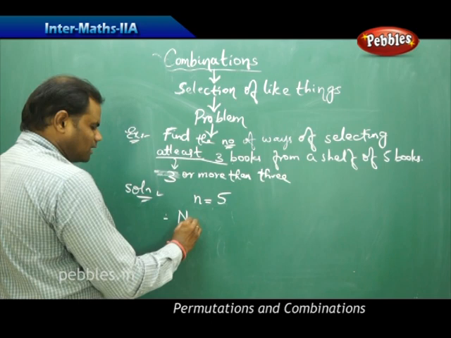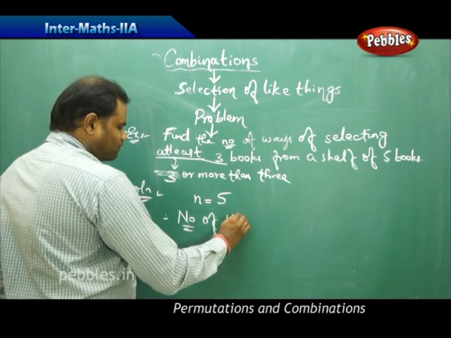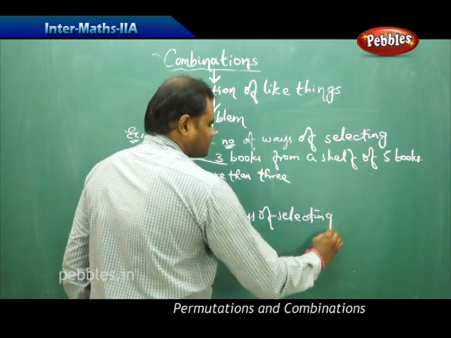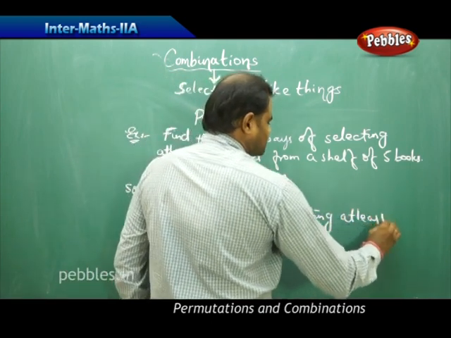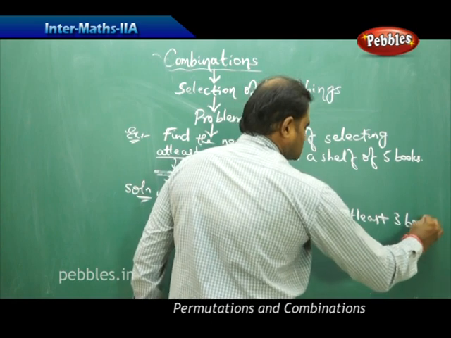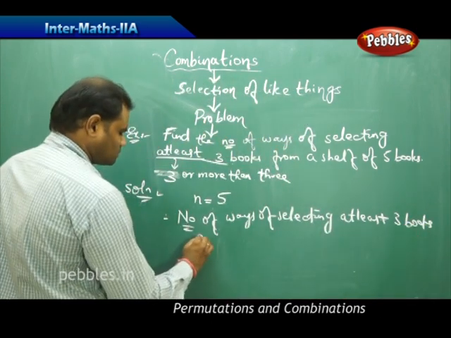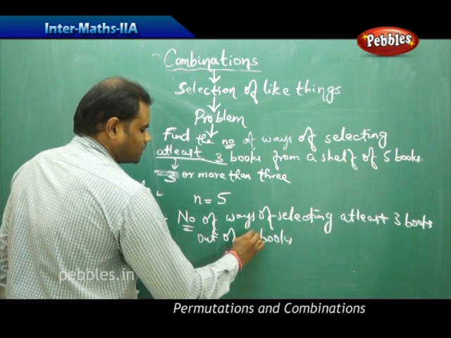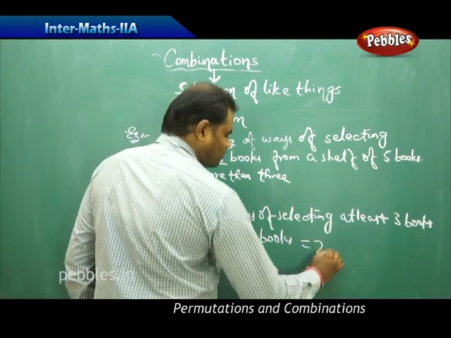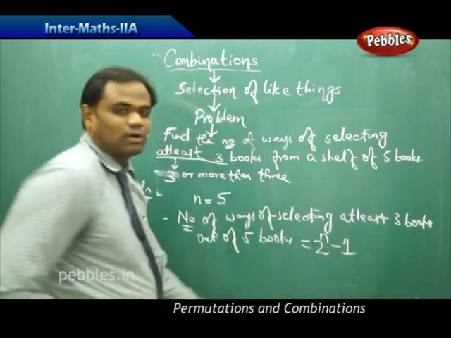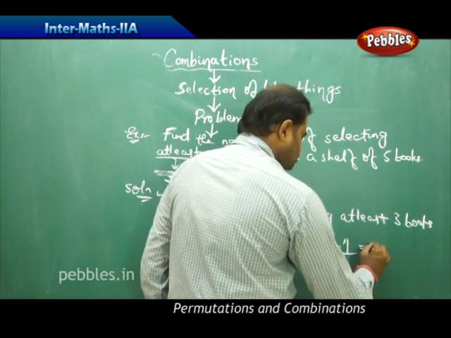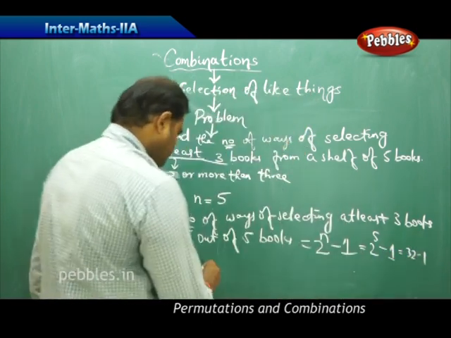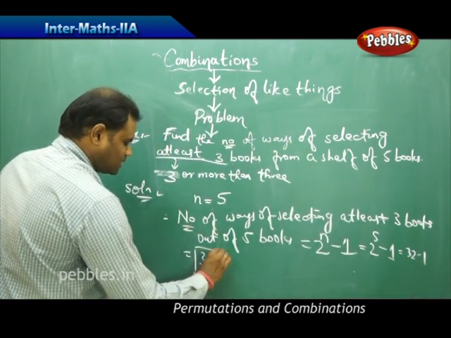Therefore, using the formula, the number of ways of selecting at least 3 books out of 5 books is possible using the formula 2^n minus 1, which gives me 2^5 minus 1, which is 32 minus 1, which gives me the answer 31.